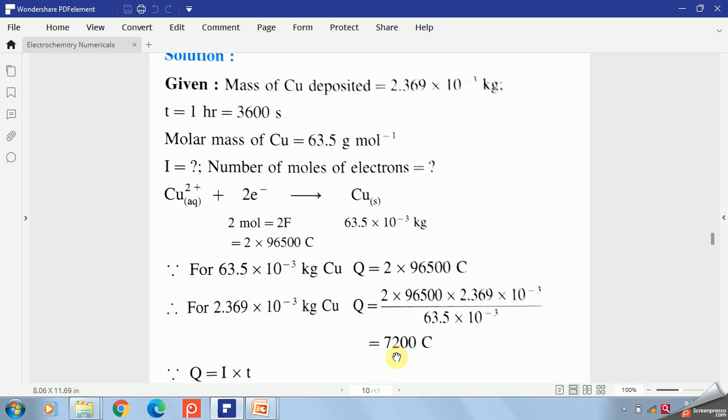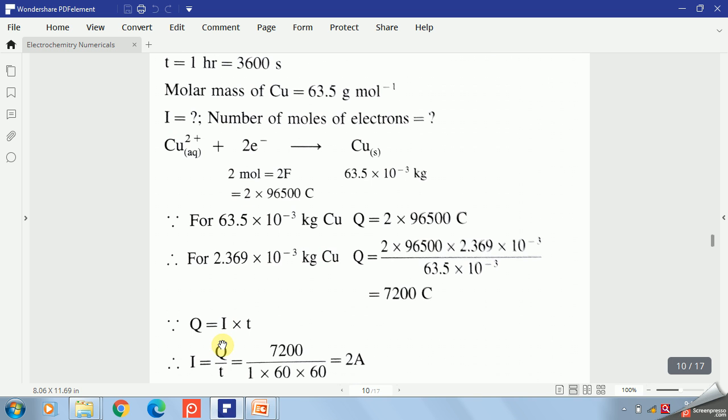That is Q. But you have to calculate current, and time is 3600. So I is equal to Q divided by T. So 7200 divided by 3600.